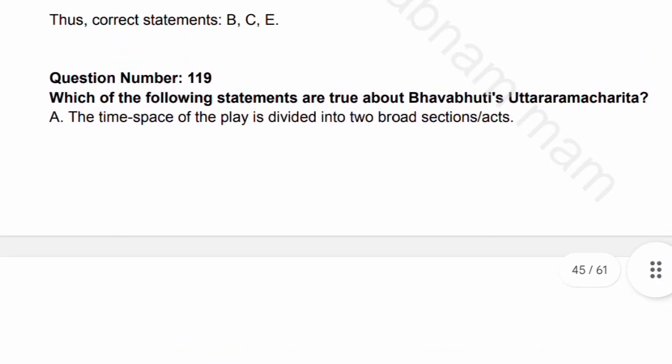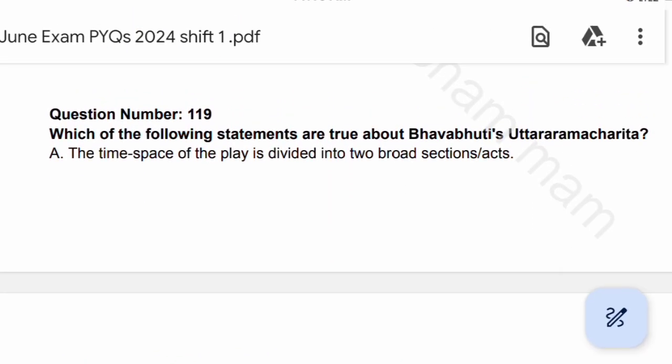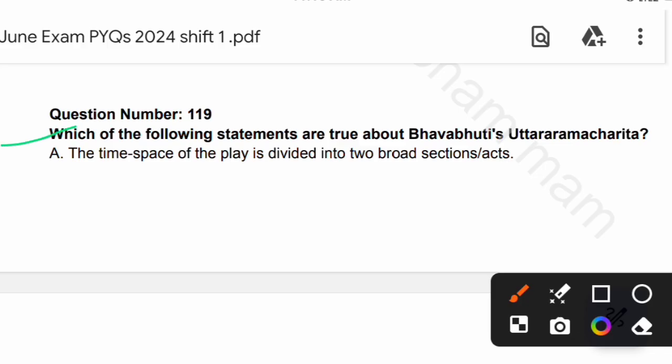Question 119. Read the question first. Which of the following statements are true about Bhavabhuti's Uttararamacharita? This is how you have to read. Option A, the time span of the play is divided into two broad sections and acts.